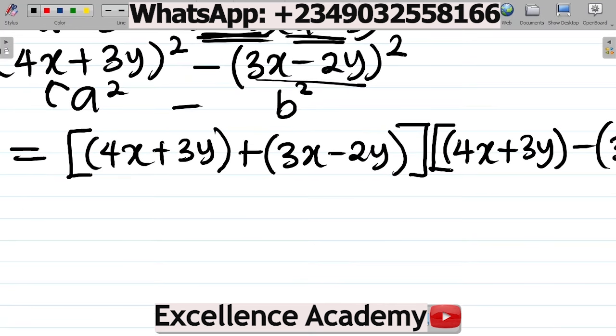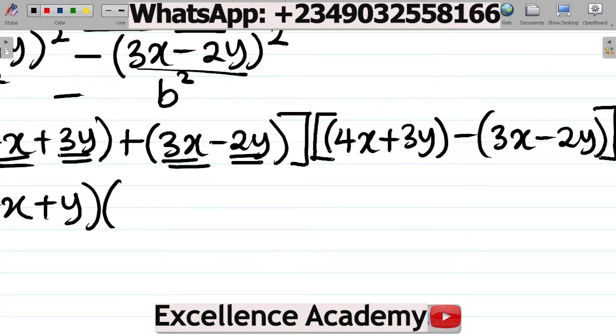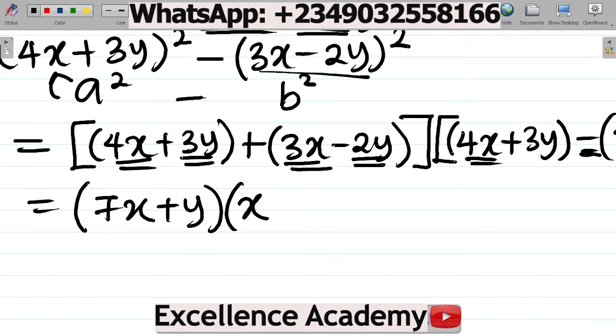Let's work on this. In the first bracket, what you have there is 4x plus 3x, that gives you 7x. 3y minus 2y gives you plus y. In the second bracket, we have 4x minus 3x, which gives you just x.